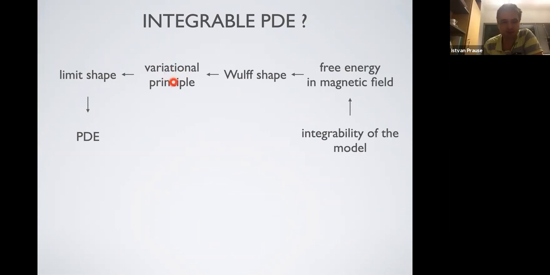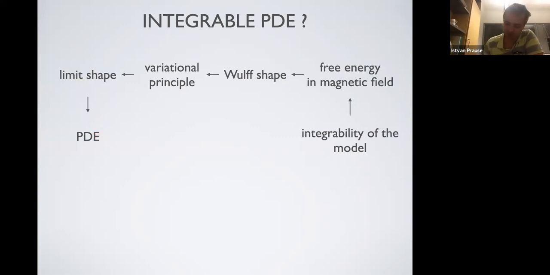Given boundary conditions, we want to minimize a certain surface tension integral, but I have to tell what the surface tension is. Surface tension is the Legendre transform of the Wulff shape, but now I have to tell what the Wulff shape is. Well, the Wulff shape is the free energy in a magnetic field, which is the Kenyon-Sheffield paper, and can then eventually be calculated using the integrability of the model. So once we have this, we can actually write down the PDE for this minimization problem.